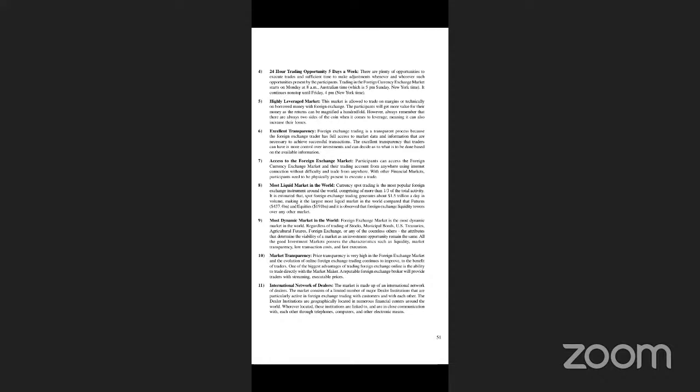Next feature of these markets is that they are liquid. They are the most liquid market in the world. Now, currency spot trading is the most popular foreign exchange instrument around the world. Whenever a participant wants to liquidate, meaning wants to encash their currency, immediately you can do it from your desktop.